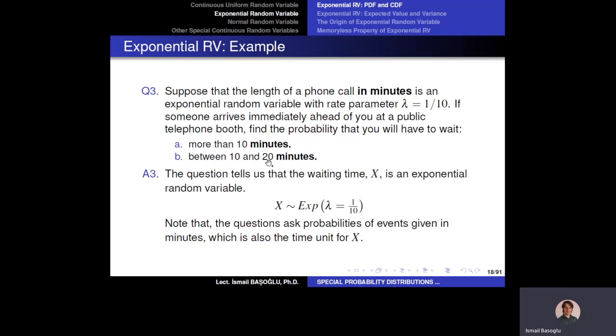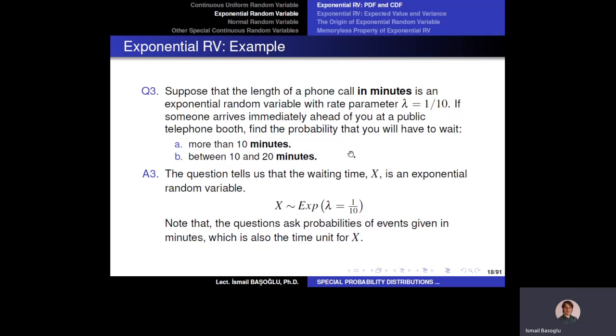Okay, so the duration of the telephone call of that person is an exponential random variable, as it is described in the question, and the rate parameter lambda is equal to 1 over 10. Okay, so the question basically gives away this information. And remember, the question mentions that this random variable is modeling the duration of a telephone call in minutes, and the questions are also asked in minutes.